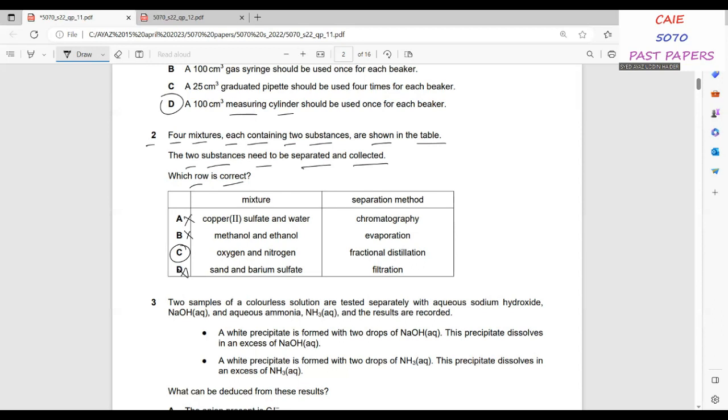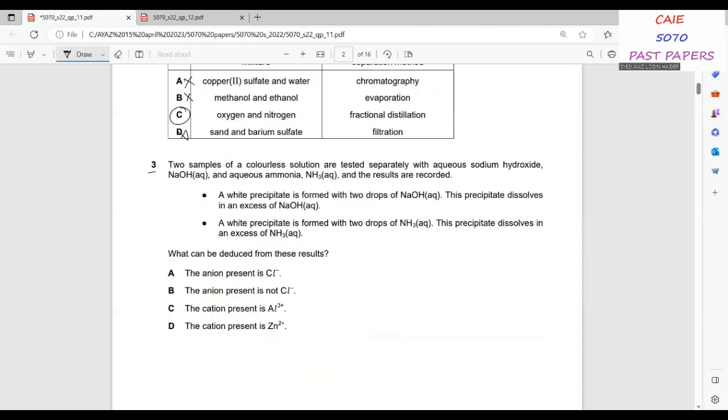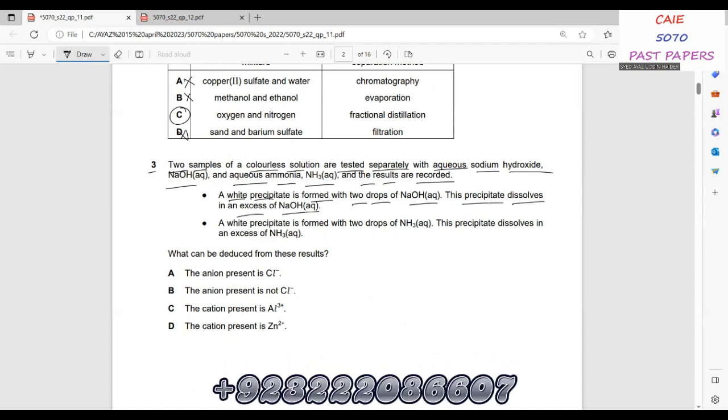Number 3. 2 samples of a colorless solution are tested separately with aqueous sodium hydroxide NaOH and aqueous ammonia NH3, and the results are recorded. A white precipitate is formed with 2 drops of NaOH aqueous. This precipitate dissolves in an excess of NaOH aqueous.